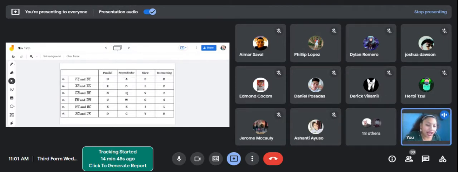Then we're just gonna quickly go over the answers and do the final activity for today. Is that clear with everybody? Okay. If you're using your notebook, just write parallel, perpendicular, skew, intersecting.